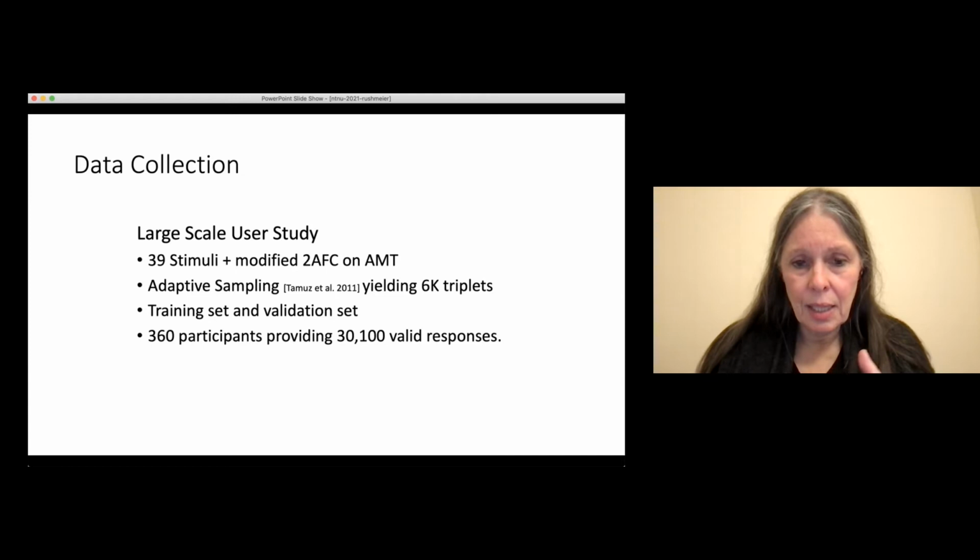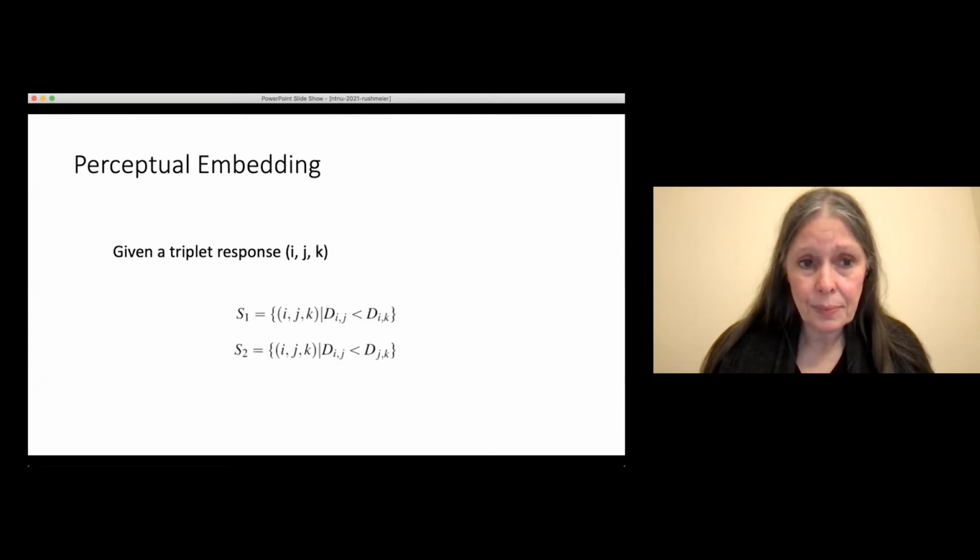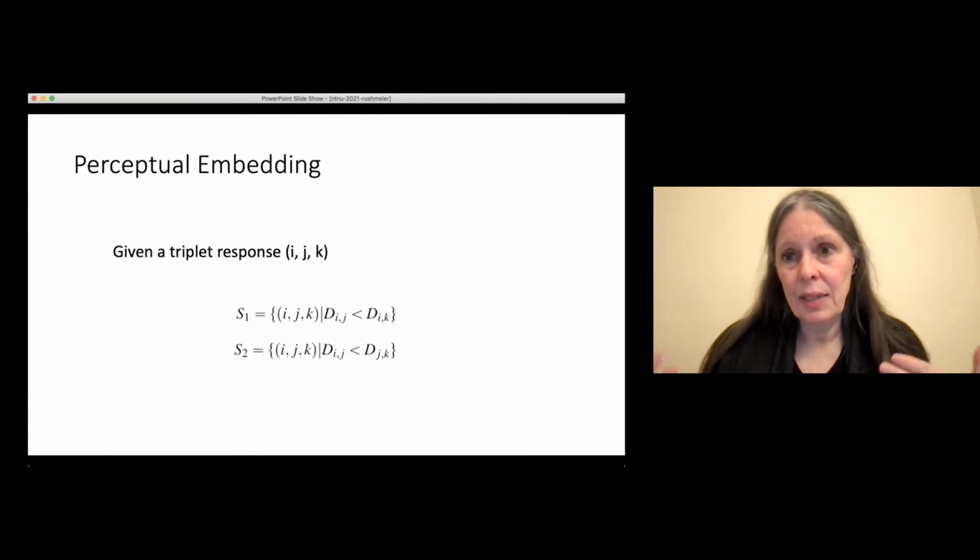Using Mechanical Turk, we had 360 participants with about 30,000 valid responses. So what this gives us is the information to do a perceptual embedding.